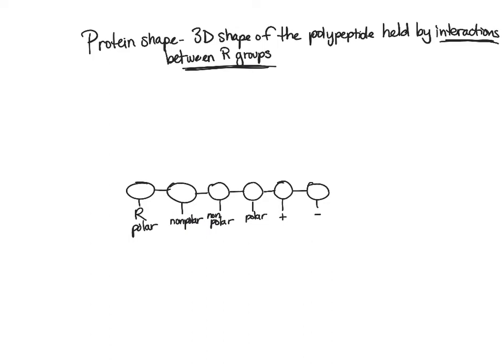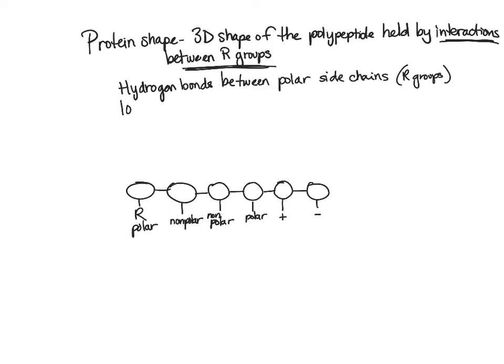So what we can have are hydrogen bonds. So hydrogen bonds between polar side chains, or R groups. We can have ionic bonds between our positive and negatively charged R groups.